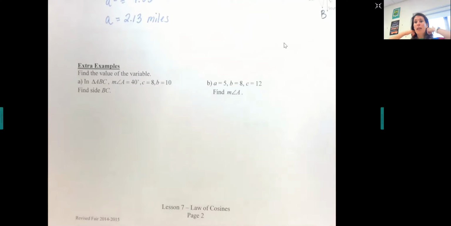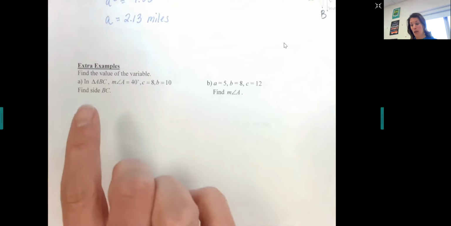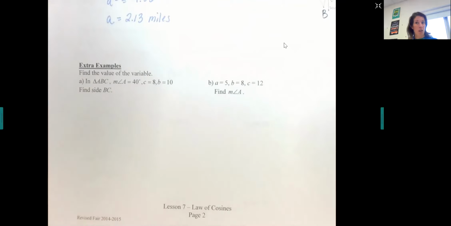But again, plenty of people in this room who know what they're doing. So you are doing your extra examples. You are solving for them, showing me that you know what you're doing. Then you have homework. You are working on the cosines sheet, law of cosines, and you may have to rearrange or rename things. That's okay. You're totally capable of doing that.